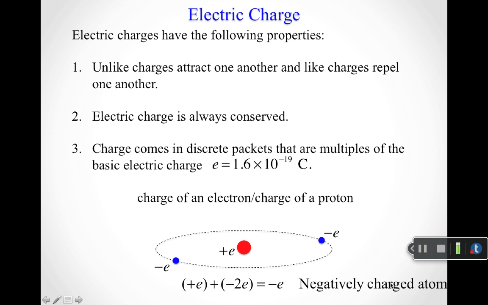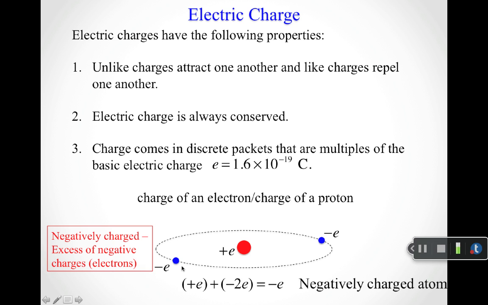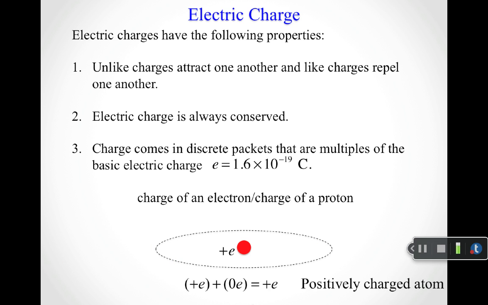If I add a second negative charge, then I have a negatively charged atom. So again, the two that I started with cancel out, but I've got this one left over. So something being negatively charged is a way of saying that it has an excess number of electrons. If something is positively charged, well, that's the opposite case.